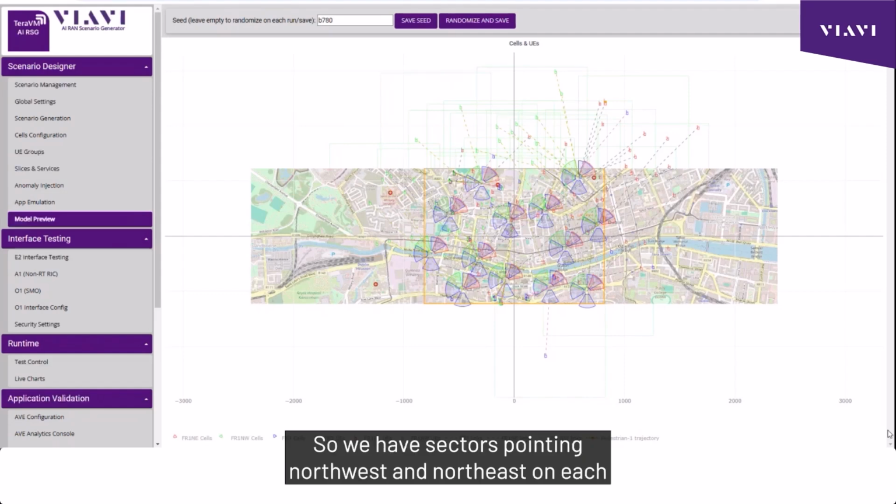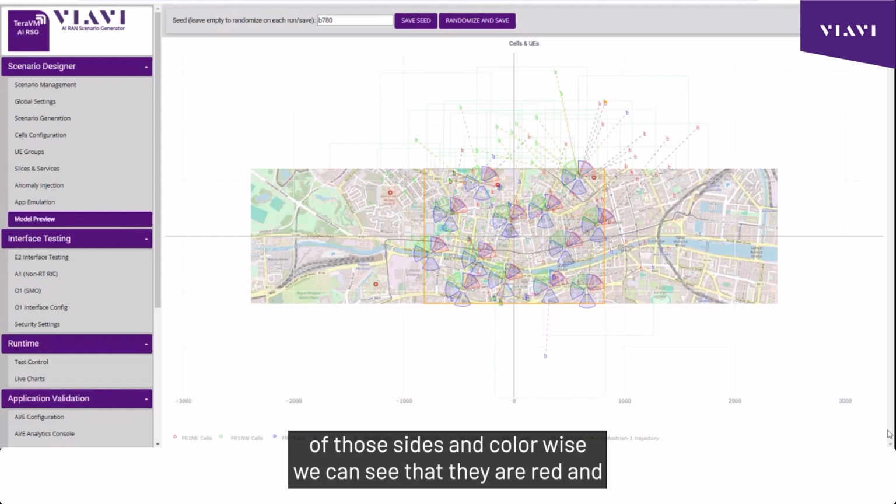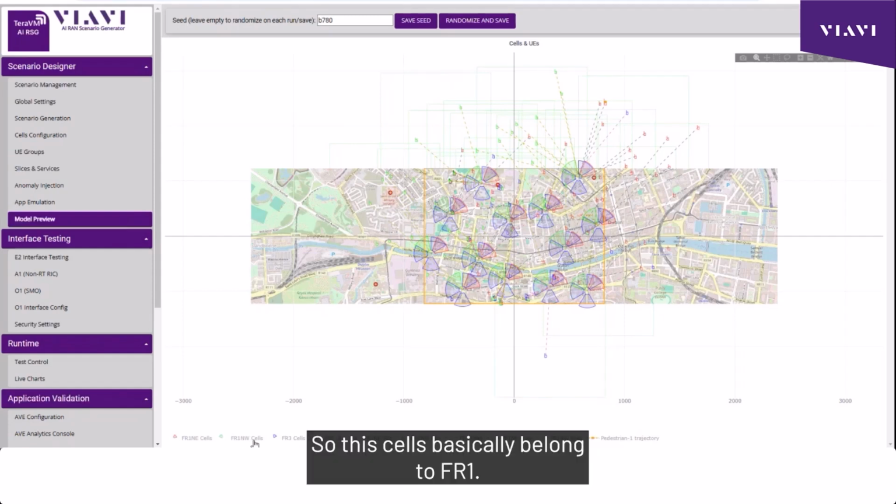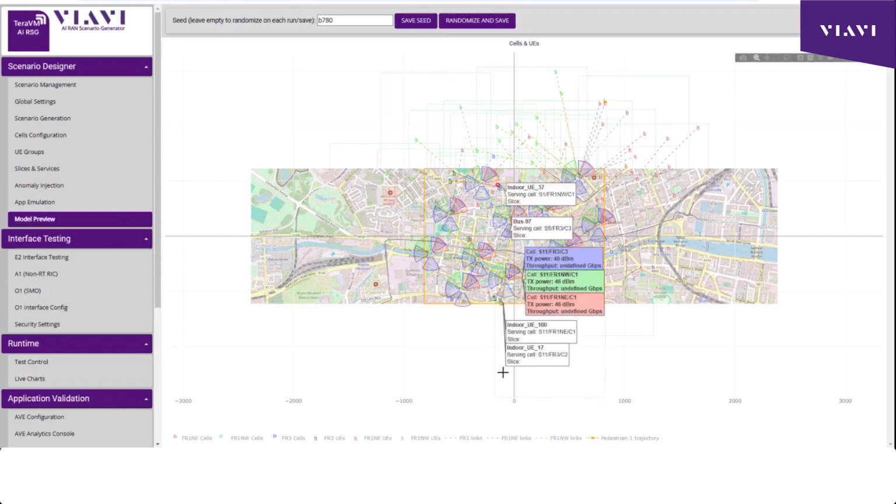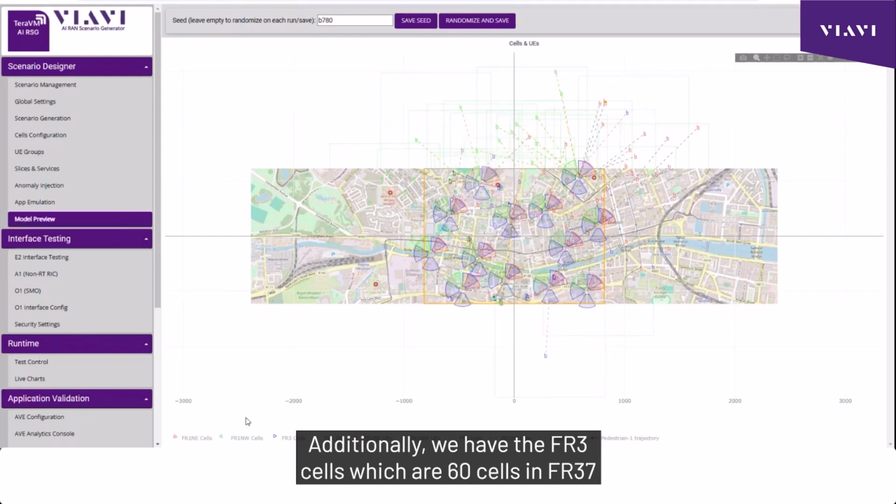So we have sectors pointing north, west, and northeast on each of those sides, and color-wise, we can see that they are red and green. So these cells basically belong to FR1.